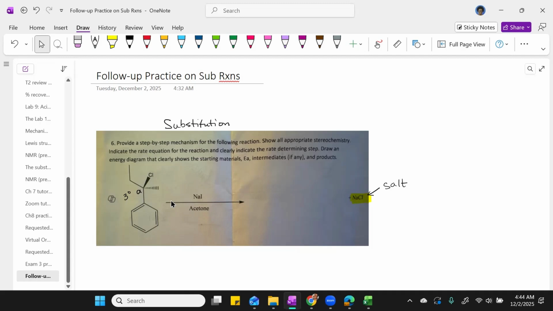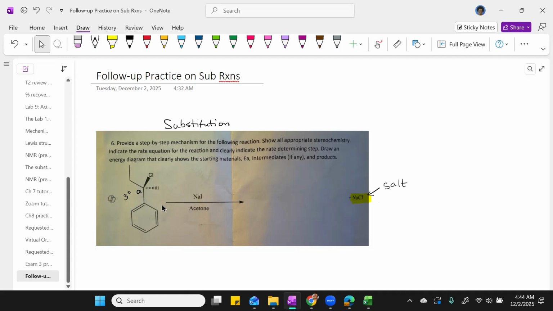You put these two things together in a system and allow it to undergo some reaction. Something did happen for that chlorine to not be on this compound, and is now an ionic bond with sodium. So iodine is on that compound.